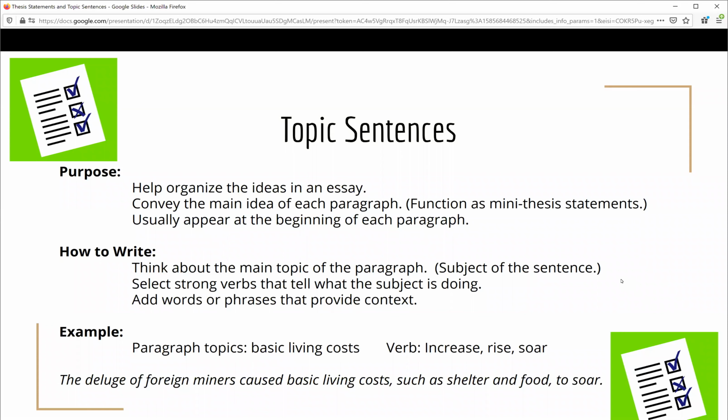If in one paragraph you were writing about the basic living costs and that they increased, you could write a topic sentence that says, "The flood of foreign miners caused basic living costs, such as shelter and food, to soar." This tells the reader that they are going to be learning about how and why basic living costs increased for the native peoples of California.